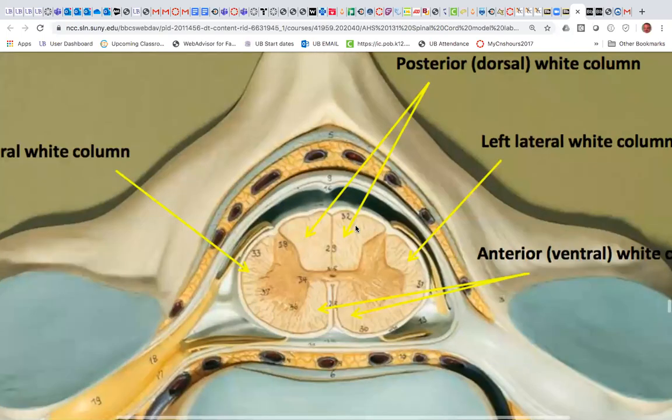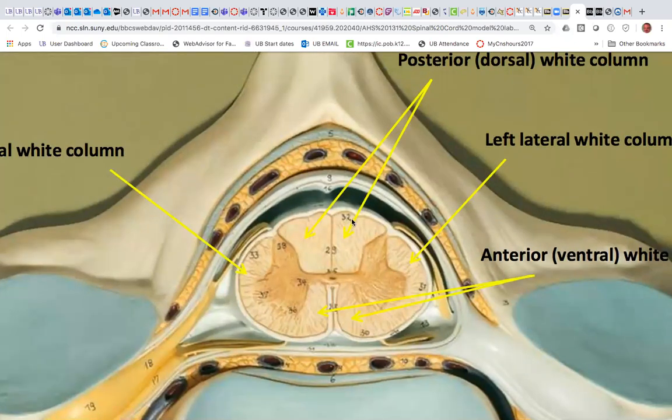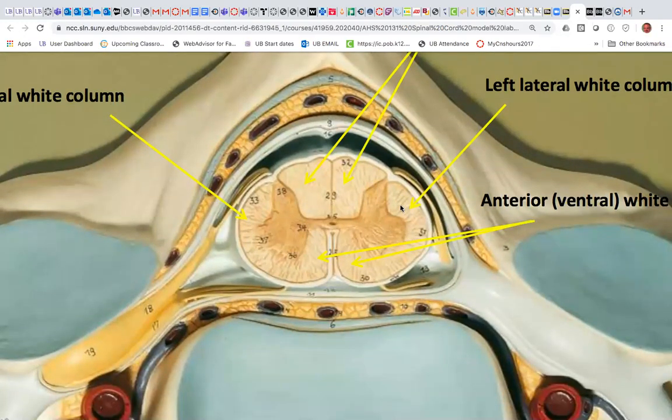Again, within the posterior columns, this section of it would be more specifically the fasciculus gracilis, and the one that's more lateral, fasciculus cuneatus. The gracilis deals with proprioceptive awareness, vibration, two-point discrimination for the lower extremity, whereas the cuneatus deals with those same things from the upper extremity. Lateral columns, anterior columns.